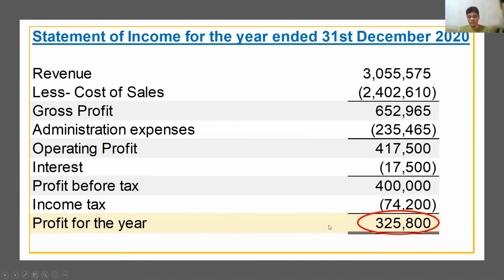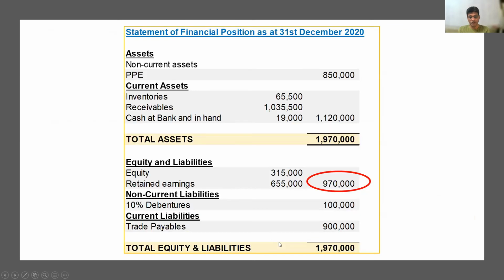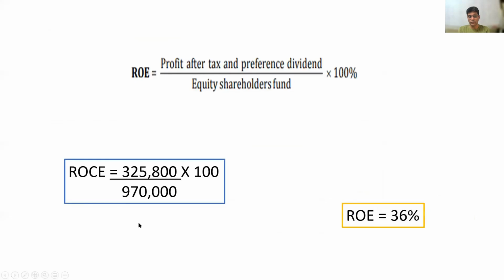So profit for the year is 325,800. Then what is the shareholders' equity? The shareholders' equity consists of equity plus retained earnings, which is 970,000. To calculate the return on equity, you take profit after tax and preference dividend, divided by equity shareholders' fund, times 100.